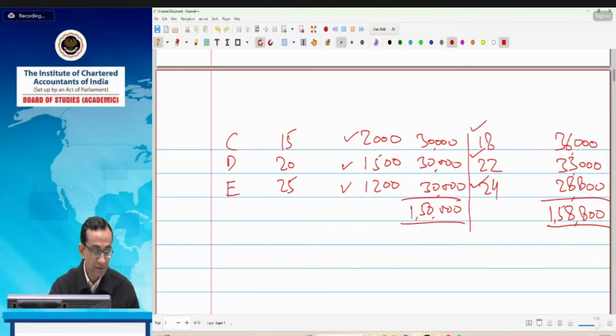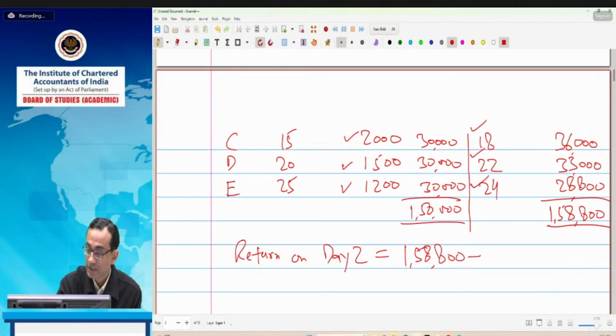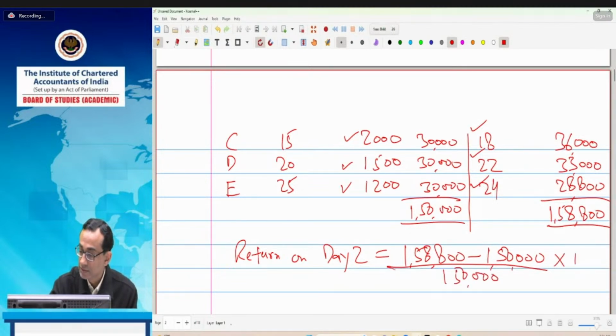So return on day 2, or you can say percentage return, will be 1,58,800 minus 1,50,000, divided by 1,50,000, into 100.